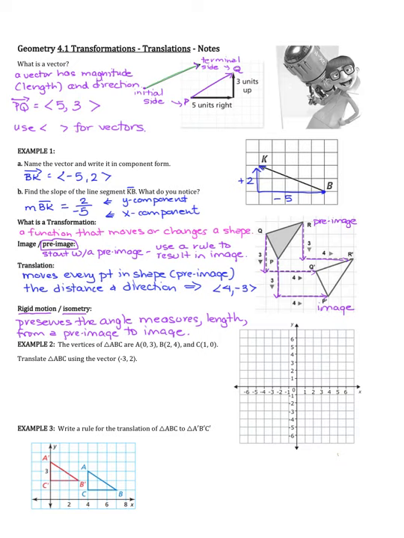All right, so let's do this example here. We have the vertices of triangle ABC are A, which is at 0, 3, so that's going to be here, and B, which is at 2, 4, so here's B, and C, which is at 1, 0. All right, and so that is going to be our pre-image, ABC, and we are going to translate it using the vector -3, 2.